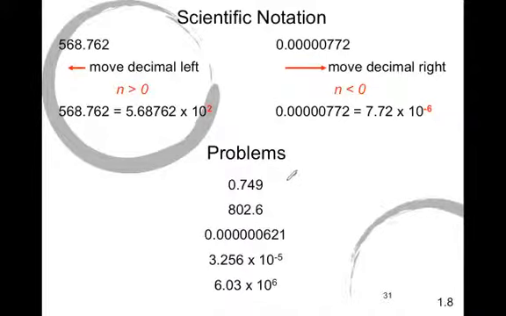Negative first, right? Yep. Second one? To the negative 1, 2, 3, 4, 5, 6, 7. Yes.